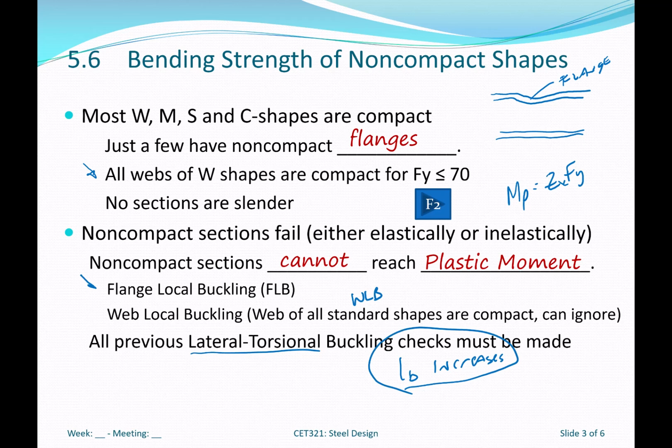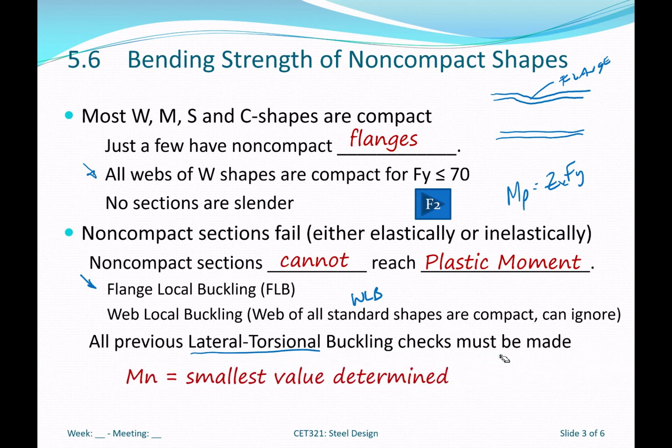So again, flange local buckling only really is a concern when you have short unbraced lengths. After you get to a certain length, your lateral torsional buckling formulas that we've already done will kick in. So you always have to determine the smallest value.